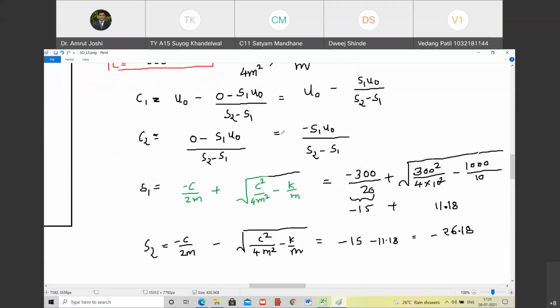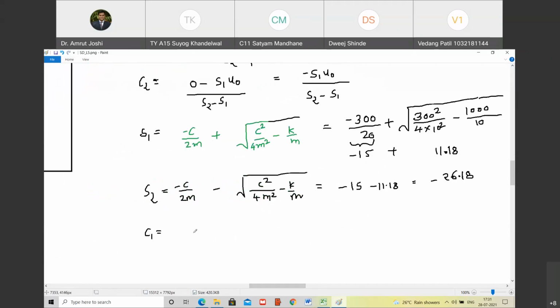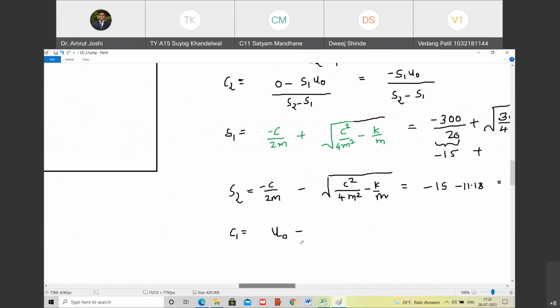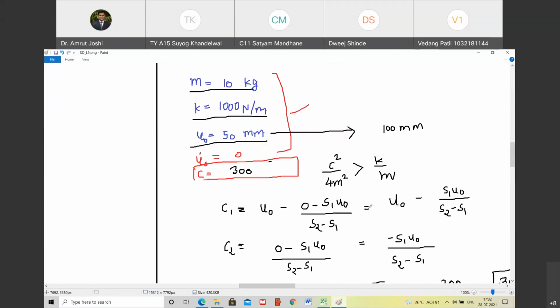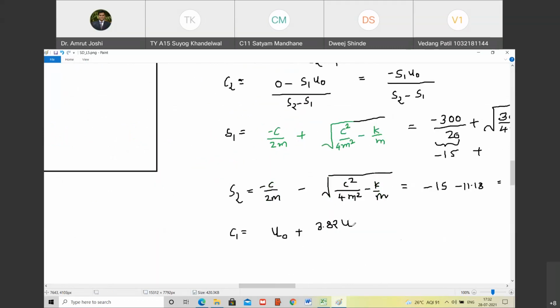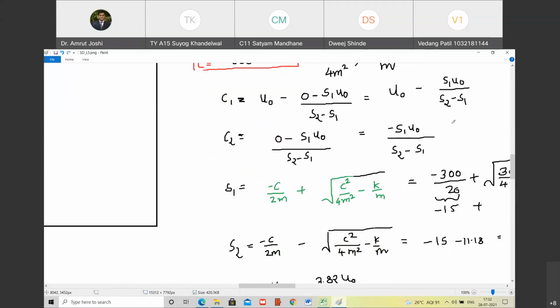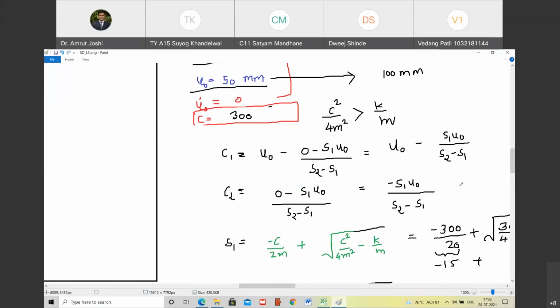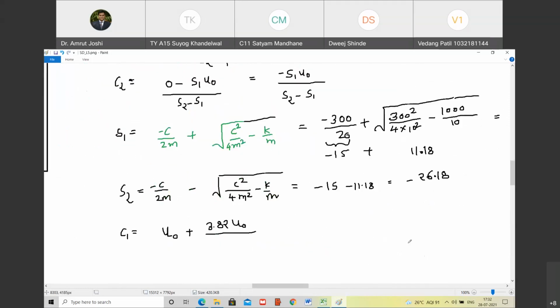So let us write down what is the value of C1. C1 is going to be equal to U0 minus, what is S1? Minus 3.82. So this minus and this minus sign is going to nullify. So it is going to be 3.82 times U0. And in bracket, you are going to have S2 minus S1.